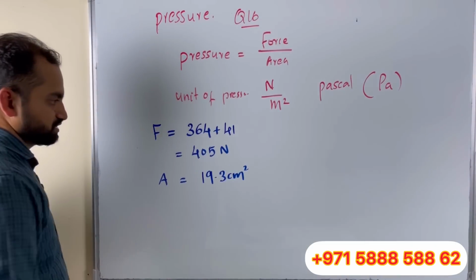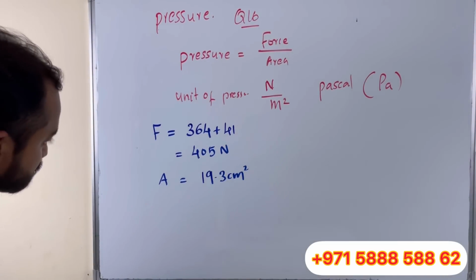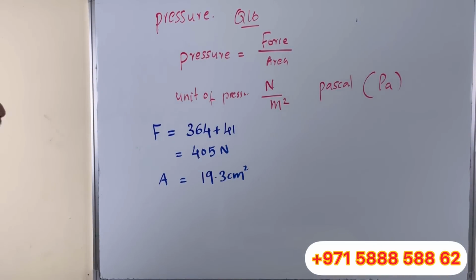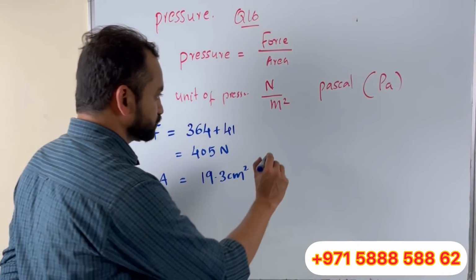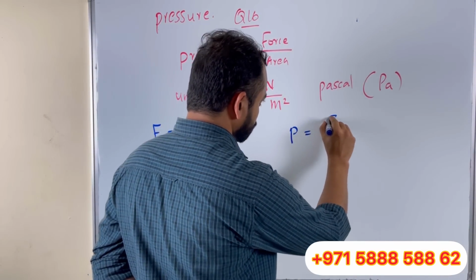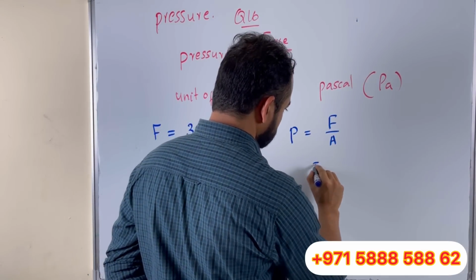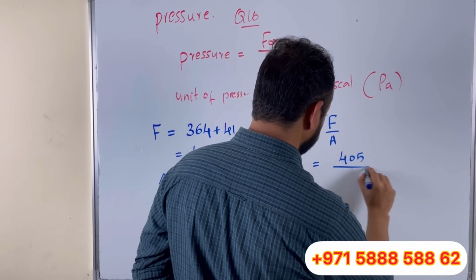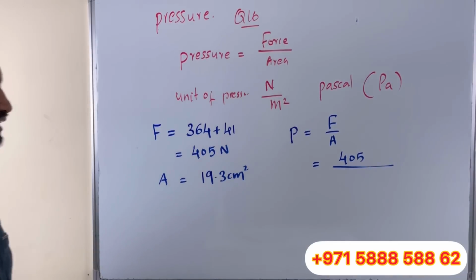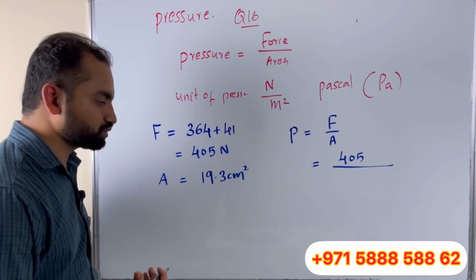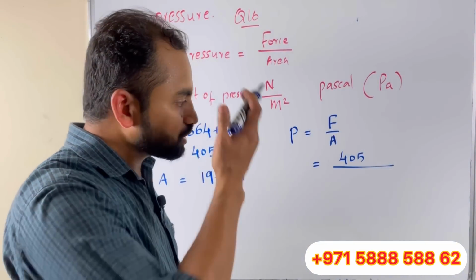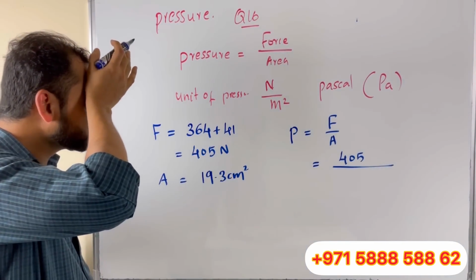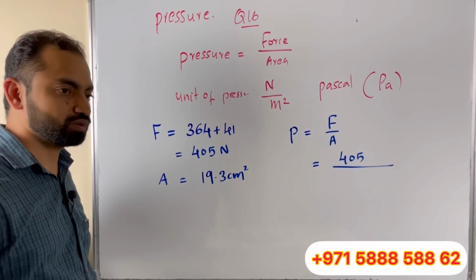So here is the main calculation that you have to do: pressure is equal to force divided by area, that is 405 Newton divided by area, that is 19.3 centimeters squared, but you need it in meter squared, right? The unit of area is meter squared. So how to change centimeter to meter? Divide by 100.